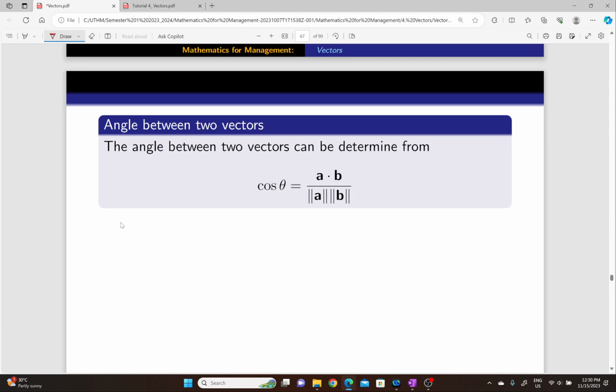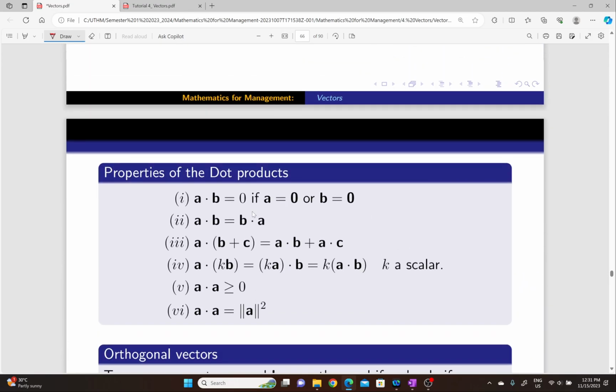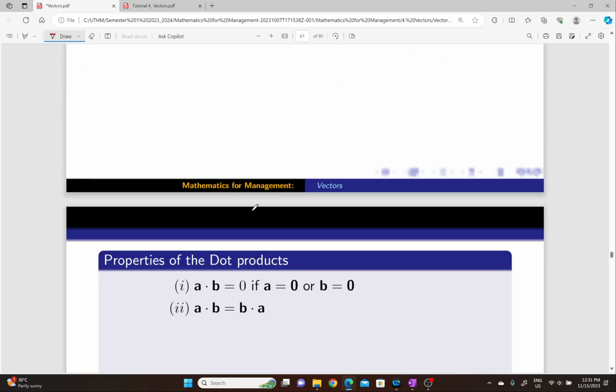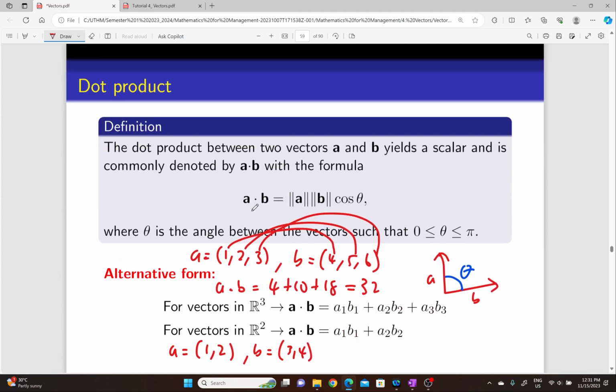Just now we have A dot B, and from just now we have this formula here. This formula we just rearrange, we bring this one down here.